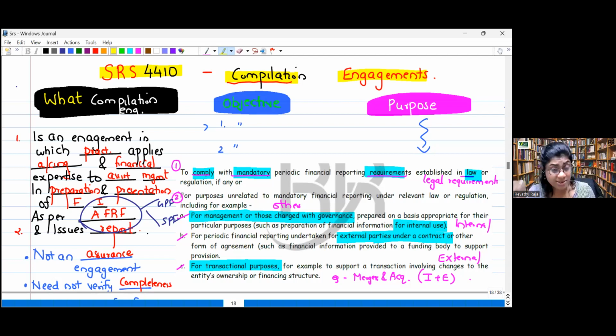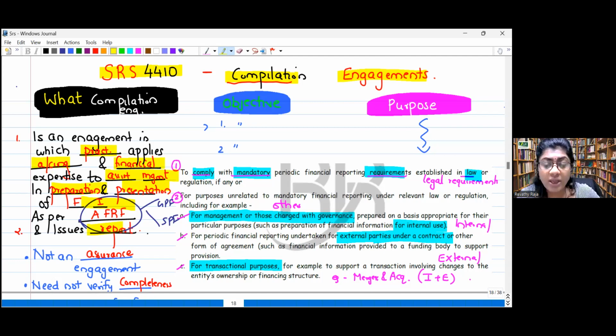Why? To assist management. He will prepare and present financials as per AFRF and give the report. So the practitioner will apply accounting and financial expertise to assist them and give the report as per the standard. FS will be prepared as per AFRF.